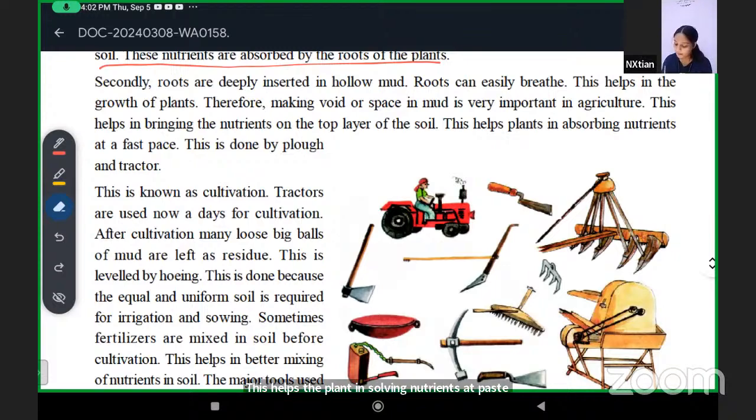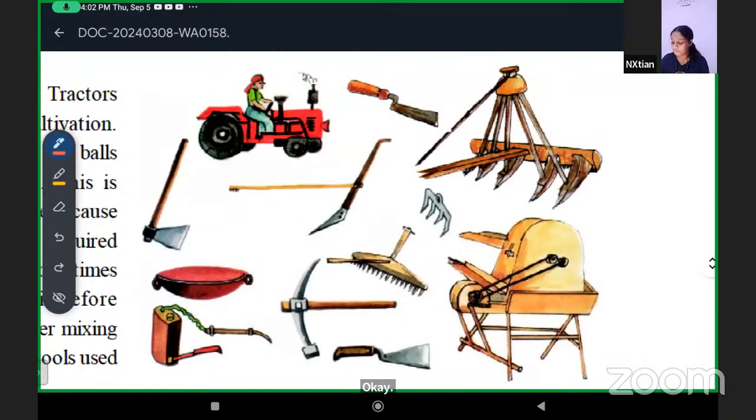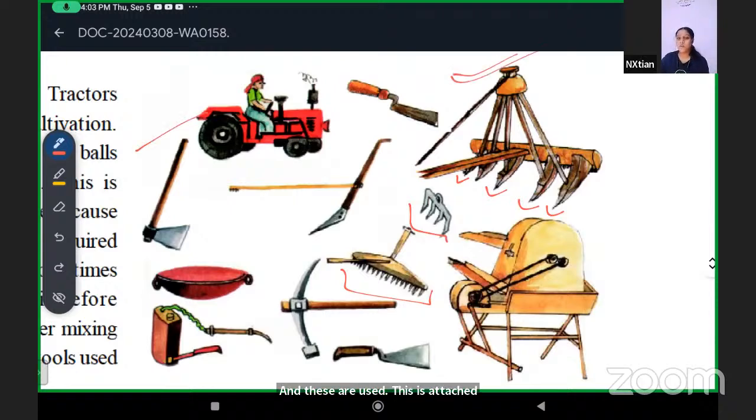This is done by plow and tractor. Can you see these devices? They have pointed edges. All these things have pointed edges, and these are used. This is attached to a tractor at its back, or it can be attached to bulls also, which hollow the soil.